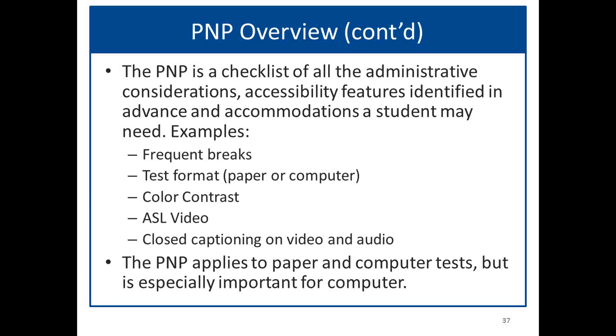So the PNP applies to both paper and computer tests because even if you're not using it to tell the computer what sort of test it needs to give you, it can still serve those other purposes for paper tests of collecting all that information in one place and tracking it.